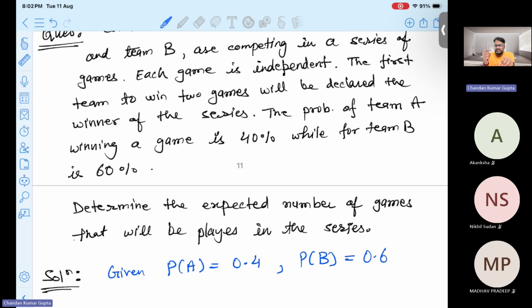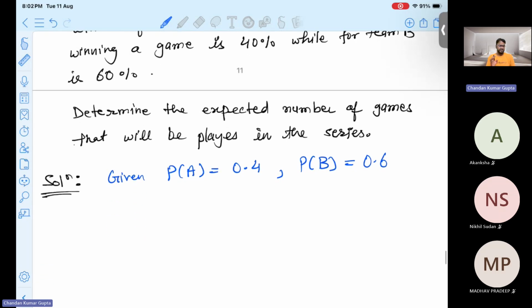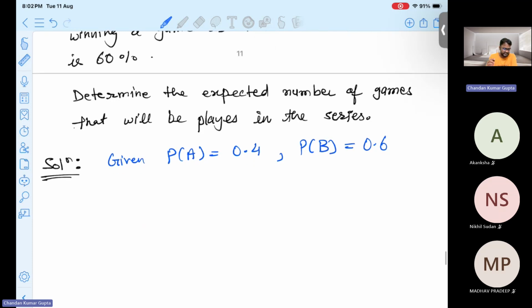But suppose the first game is won by team A and the second game is won by team B, then there will be a third game, which will be the deciding game that decides which team wins the series. So we have two cases.